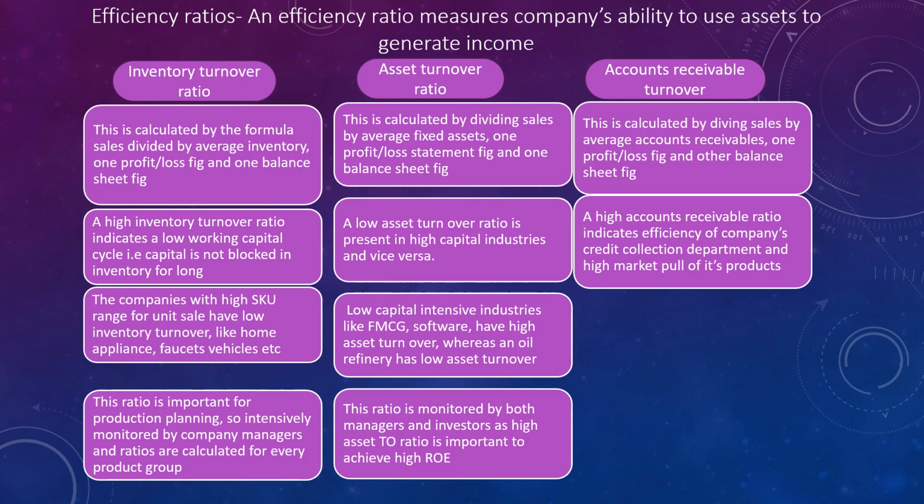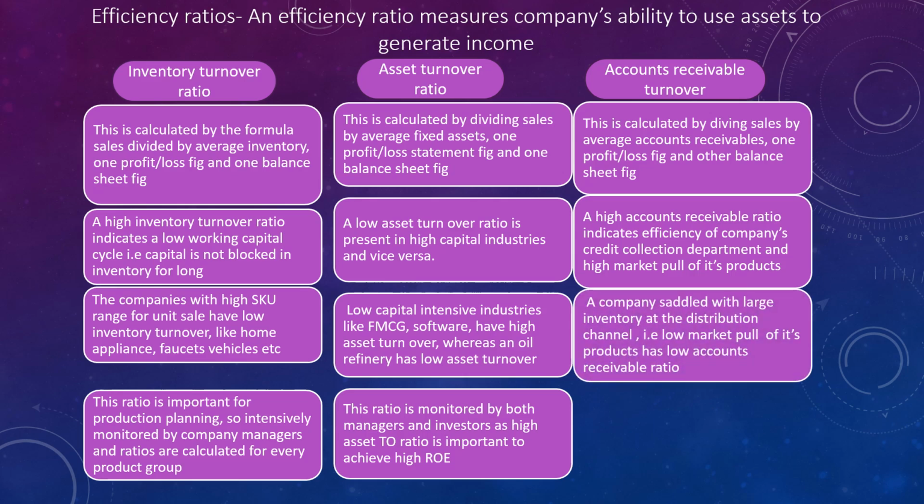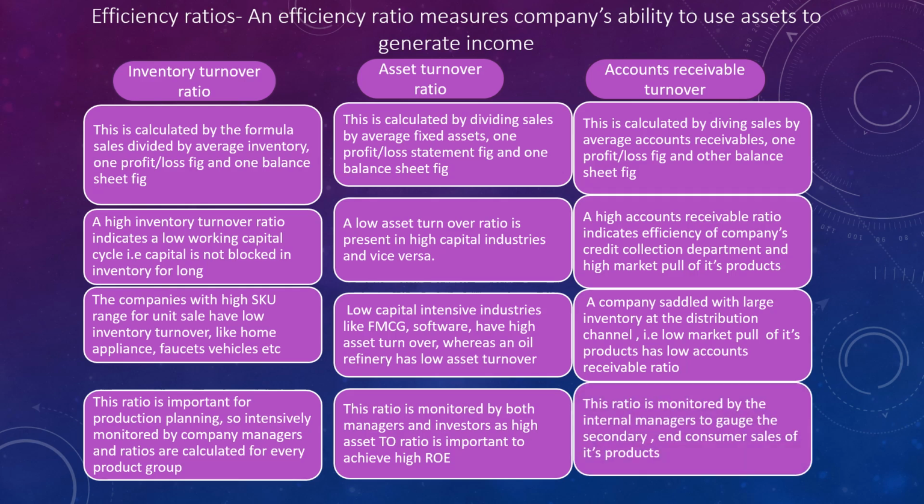A high accounts receivable ratio indicates efficiency of the company's credit collection department and high market pull of its products. A company saddled with large inventory at the distribution channel, that is, low market pull of its products, has low accounts receivable ratio. This ratio is monitored by the internal managers to gauge secondary and end consumer sale of its products.